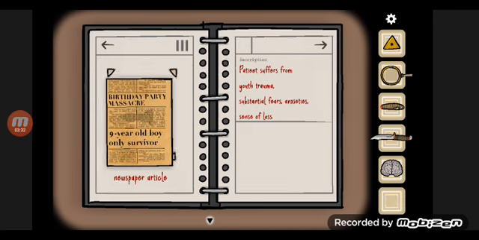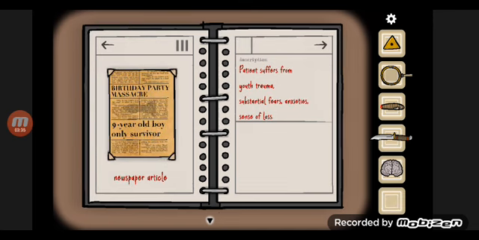Here, the newspaper article. The psychological report 4.